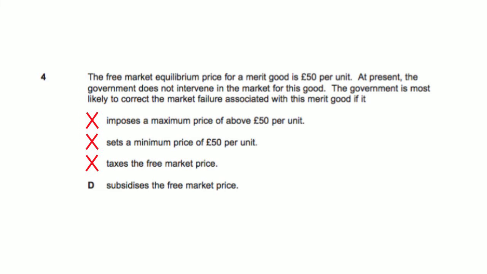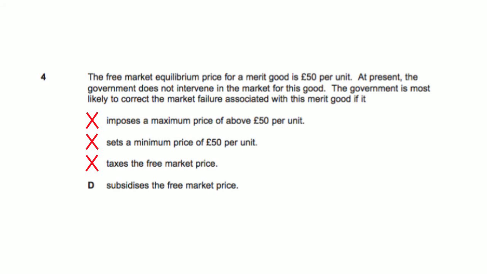The final option is D, and this is to subsidise the free market price. Let's suppose that this subsidy was given to firms. This would cause the supply curve to shift outwards, and this is because firms are more willing to supply the goods to the market at a given price because they receive the price and the subsidy. The supply curve will shift down or outwards by the full amount of the subsidy.